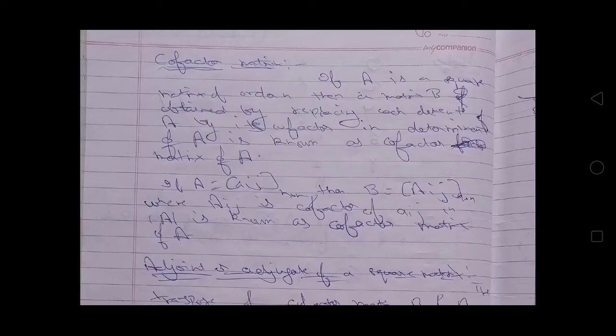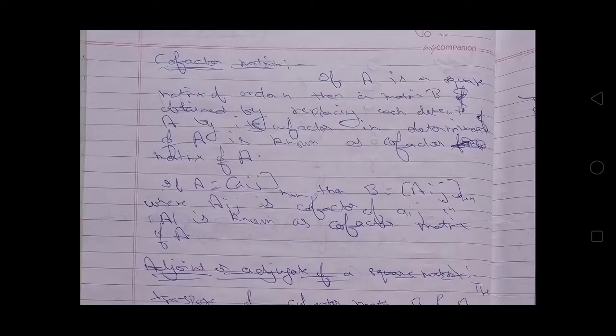Then B will be some matrix of order n cross n in which all entries have been replaced by cofactors. So the entries will be like Cij, where Cij is the cofactor of Aij in the determinant of A, known as the cofactor matrix of A.